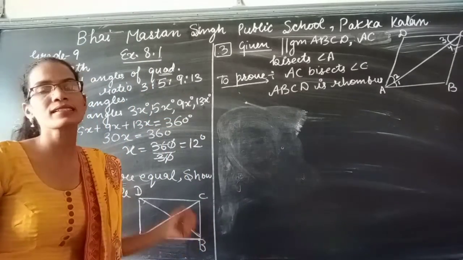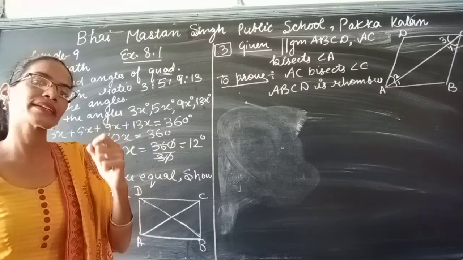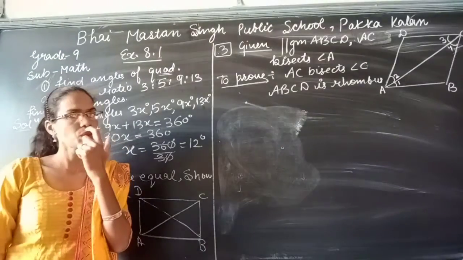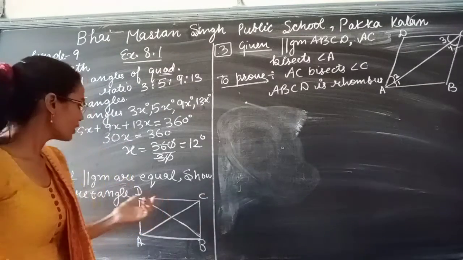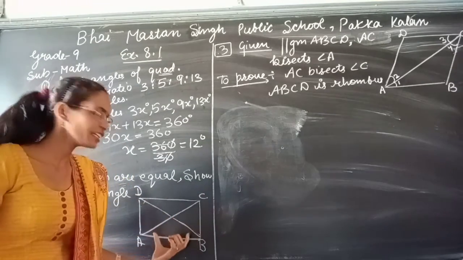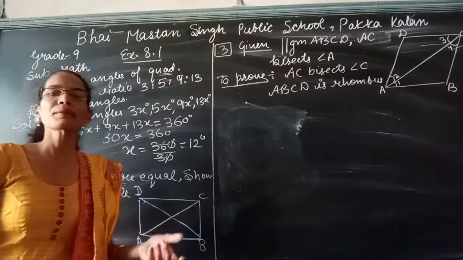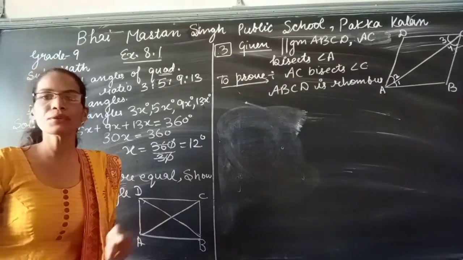Only this difference separates their definitions. So next, we are going to prove that each angle of this parallelogram is 90 degrees, which means it is converted into a rectangle.